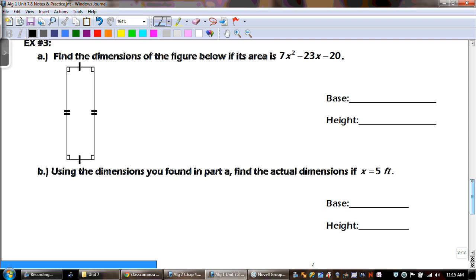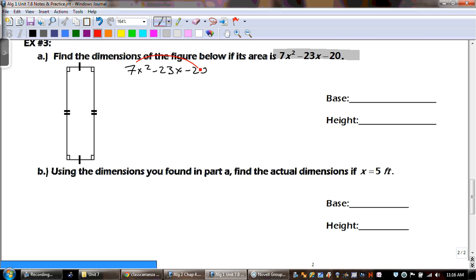Example number 3, find the dimensions by using the figure below if the area is 7x squared minus 23x minus 20. Okay, so is there a GCF? Nope.